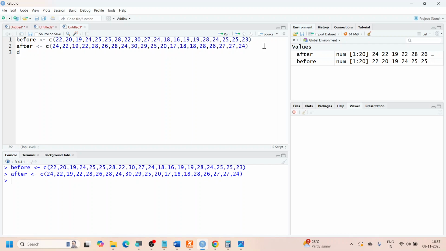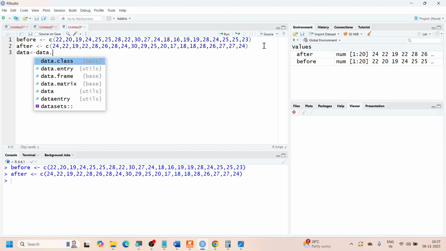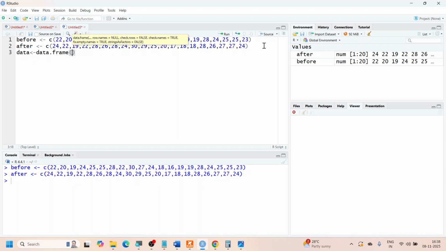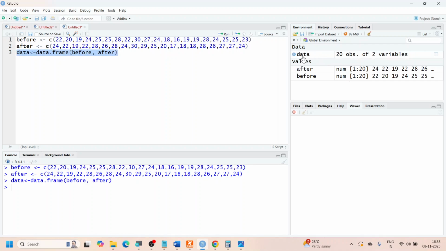So let's say data is nothing but data.frame, and I'm going to put these two values, before and after. So let's create that one. We have the data frame ready with us. Let me just run it, and you have the data frame with these two values.